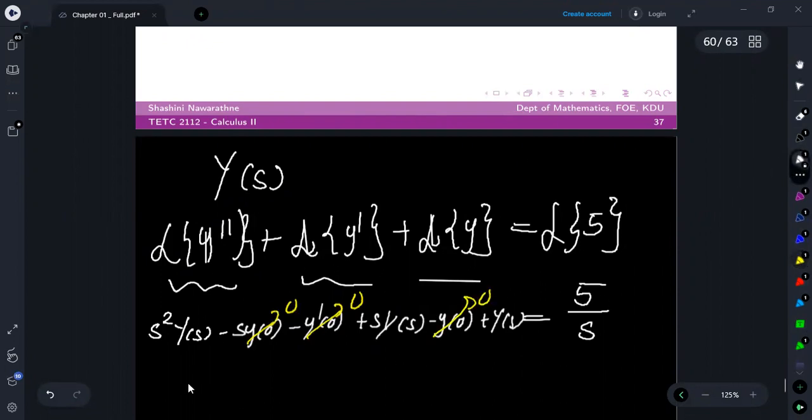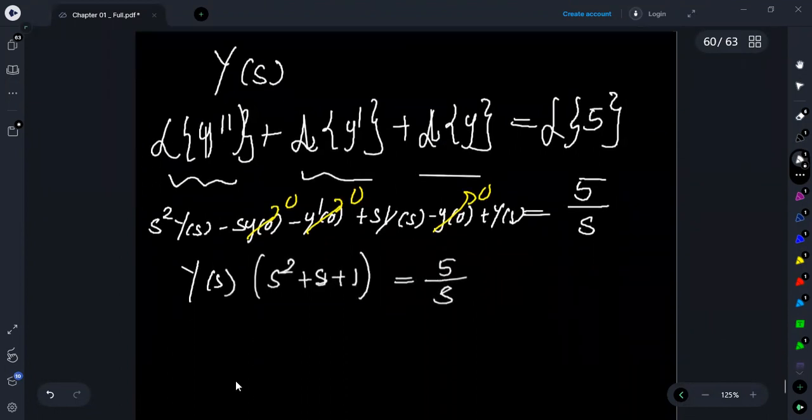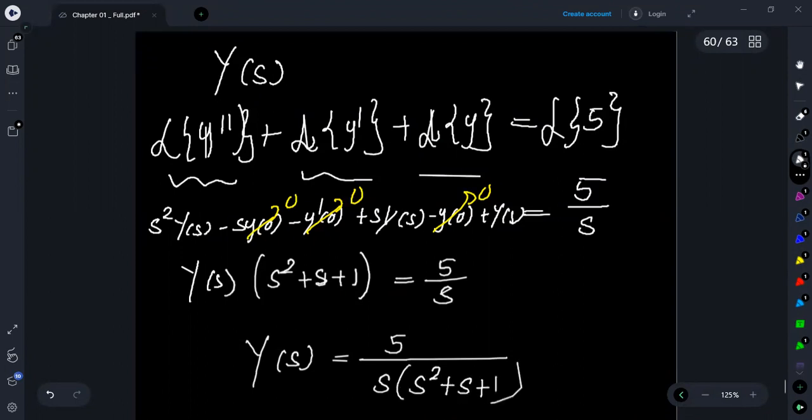Then you will obtain capital Y of s times s squared plus s plus 1 is equal to 5 over s. Then capital Y of s is equal to 5 over s times s squared plus s plus 1.